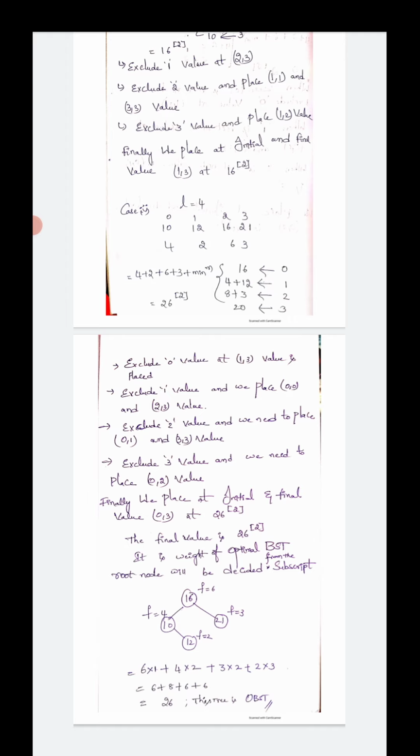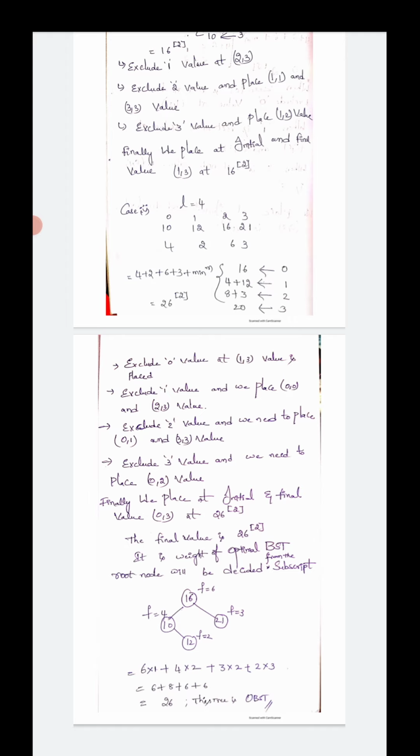Finally the node 12 has frequency 2, multiplied with level 3. So 6 plus 8 plus 6 plus 6: 6 plus 6 is 12, 12 plus 6 is 18, 18 plus 8 is 26. This tree is the optimal binary search tree, with cost 26.